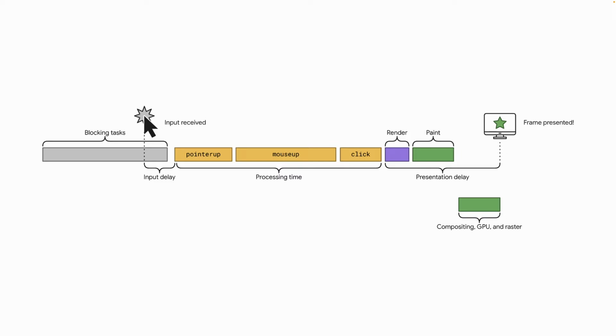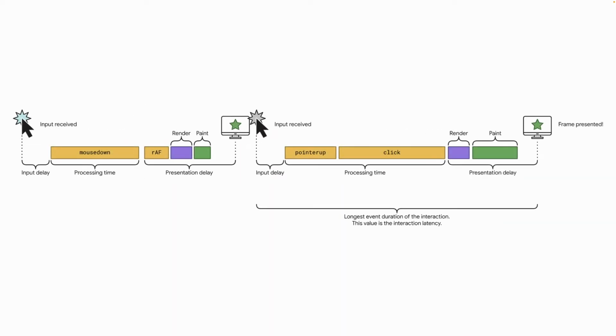The presentation delay represents just the main thread portion of the rendering work. There are a lot of nooks and crannies in how long this takes. And it gets more complicated. A single interaction can contain multiple input delays, event handlers, and presentation delays. Here you can see a mouse interaction where a frame is presented after the user pushes down on a mouse button.